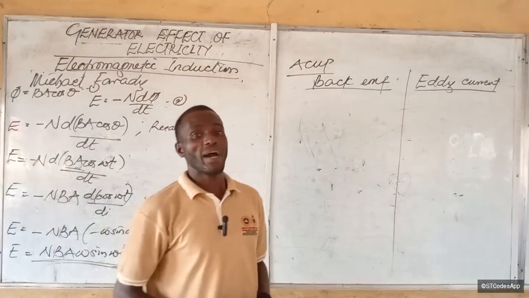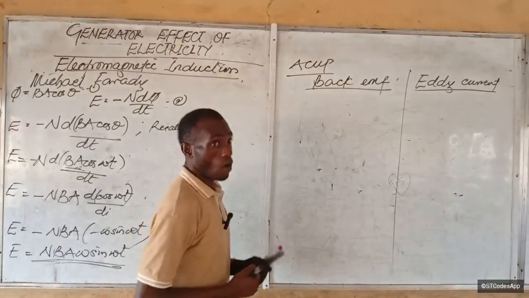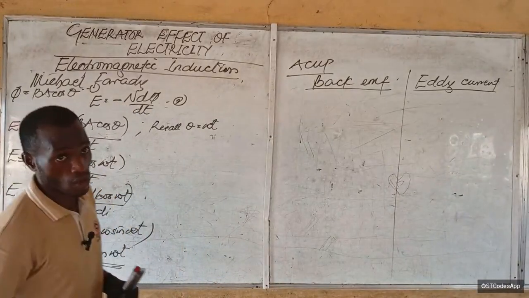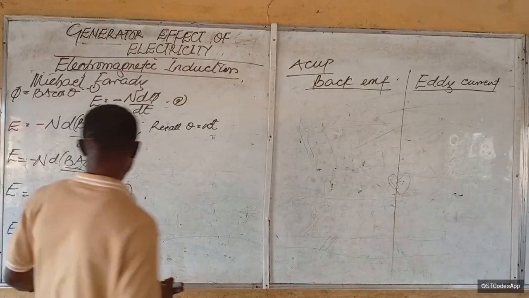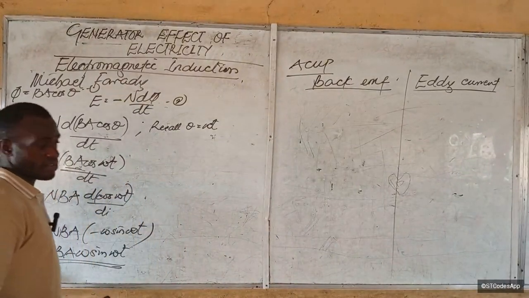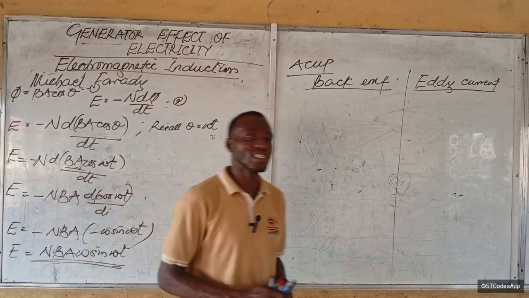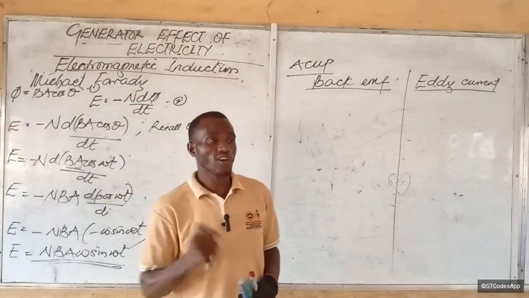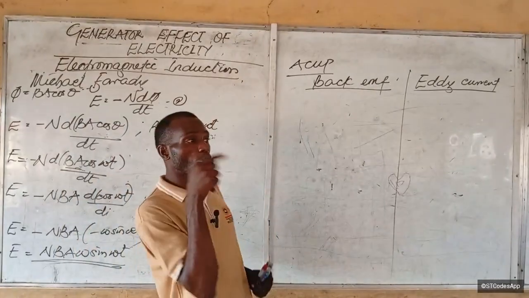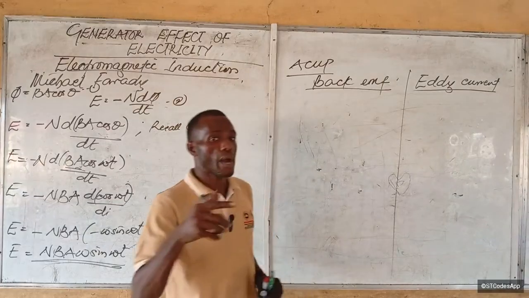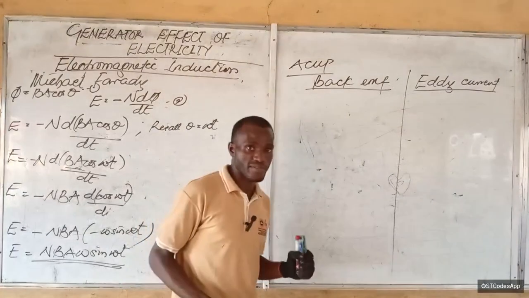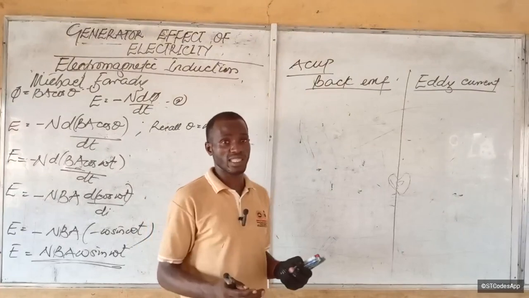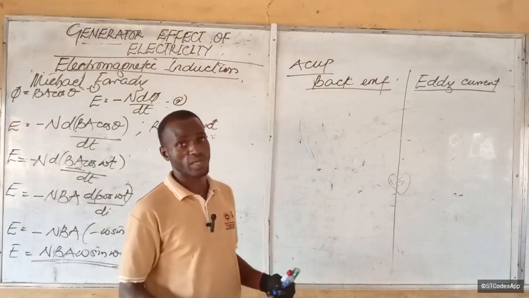Back EMF is basically the concept of electromagnetic induction that we just discussed. This is a back EMF because it always opposes the change in magnetic field that produces it. It causes current to flow in a direction that opposes the change in magnetic field that produces that EMF. And that's what back EMF basically is.